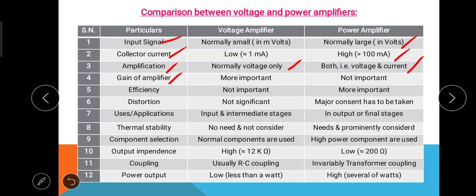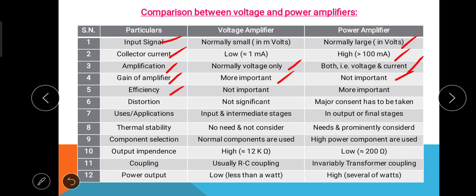So this gain is more important in case of voltage amplifiers, but in case of power amplifier, this gain is of less importance. Next, if we talk about efficiency, again the definition of efficiency is the ratio of output power to input power.